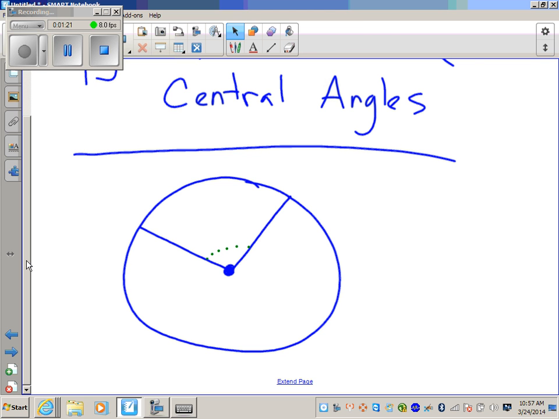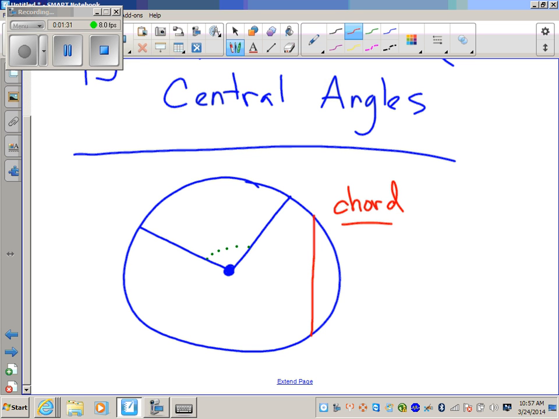Because on a circle, you may also have one of these in red, which is known as a chord. Did we talk about a chord before? A chord is a part of a circle that has both of its endpoints on the circle, but doesn't necessarily have to go through the center of the circle.